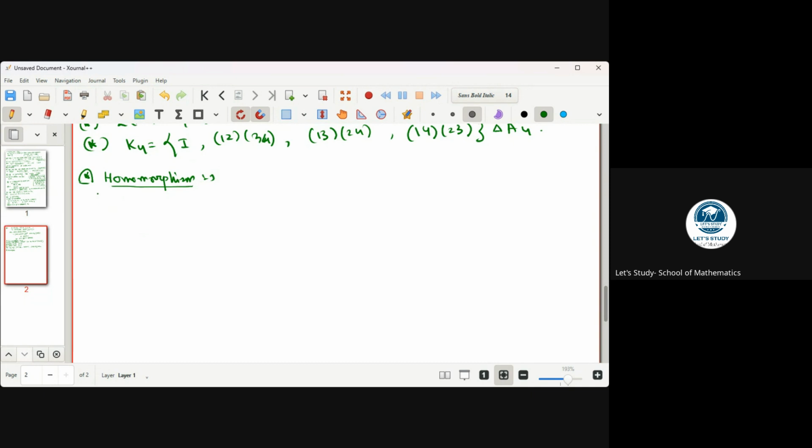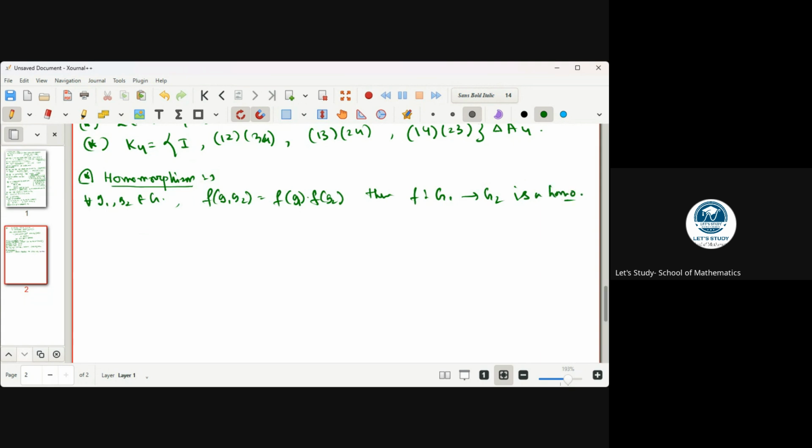You all know that for all g1, g2 belonging to G, f of g1 g2 equals f of g1 dot f of g2. Then f from G1 to G2 is a homomorphism.